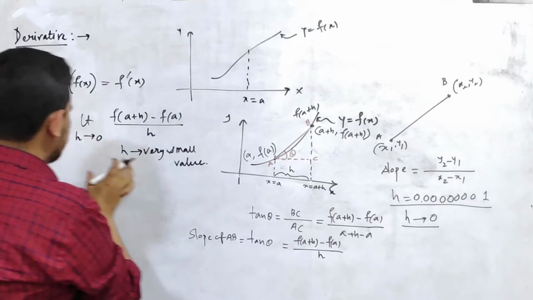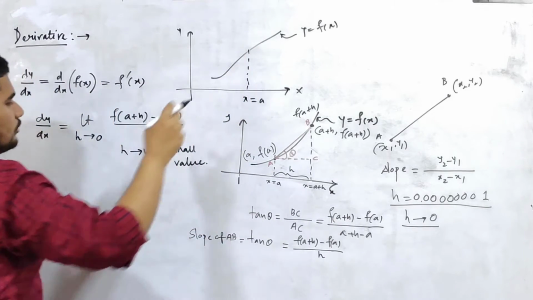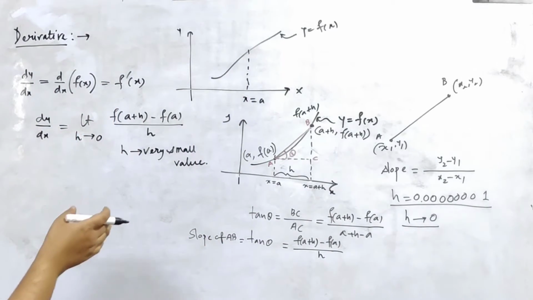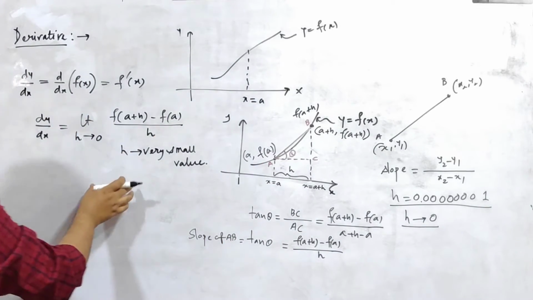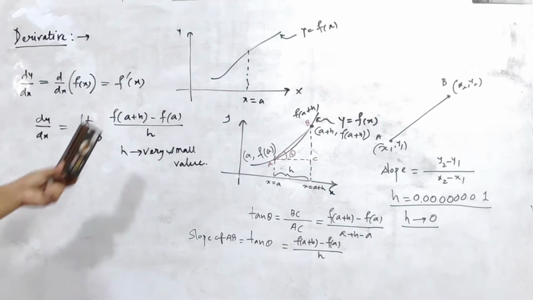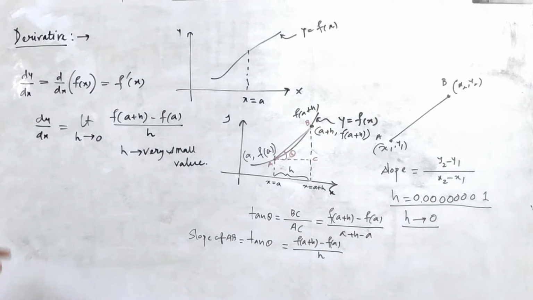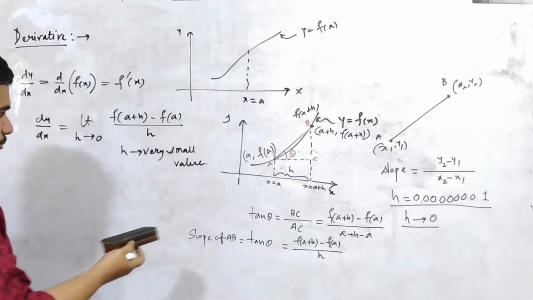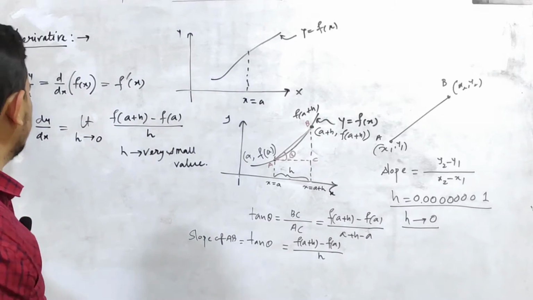So thus we can say that at x equal to A, if I am going to write the slope of that function, then I can use this expression to find it, and this is the basic geometrical concept of derivative of any function f of x. So now I am going to solve some problems of derivatives to illustrate this basic concept.